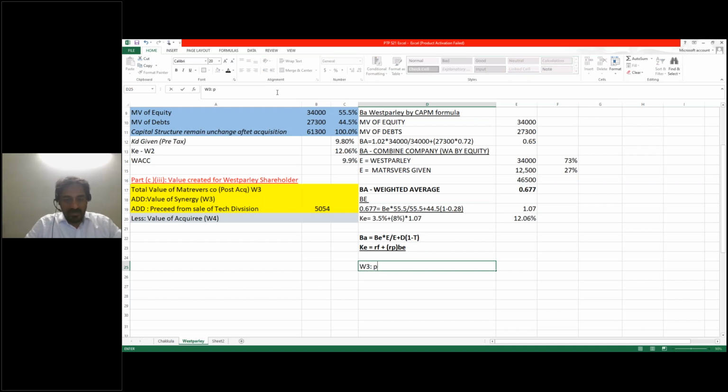That is about the post acquisition value of the acquiree by the free cash flow method.